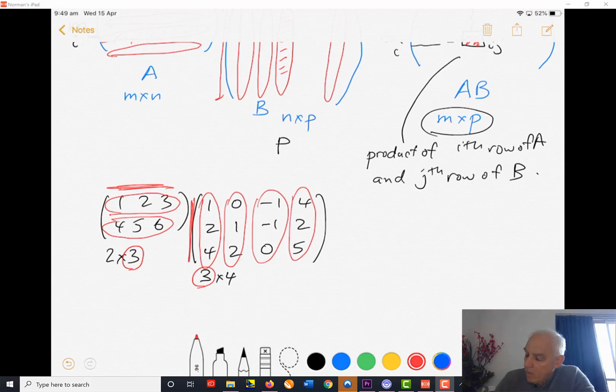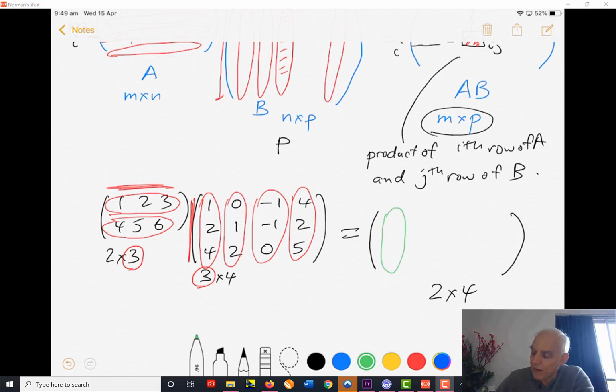Now, the way I would suggest you to do this is the following. So we know what the final picture is going to be. It's going to be a 2 by 4. So 2 in this direction and 4 across. So we're going to get a 2 by 4 as a result of it. And to compute this, what I suggest you do is that you start with the first column. Compute the first column here.